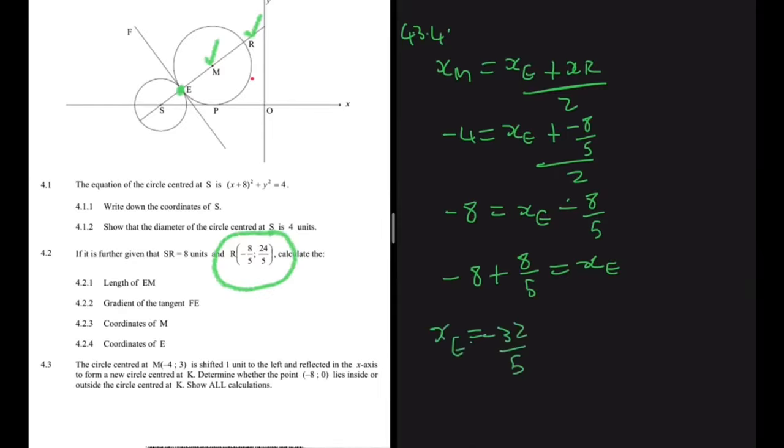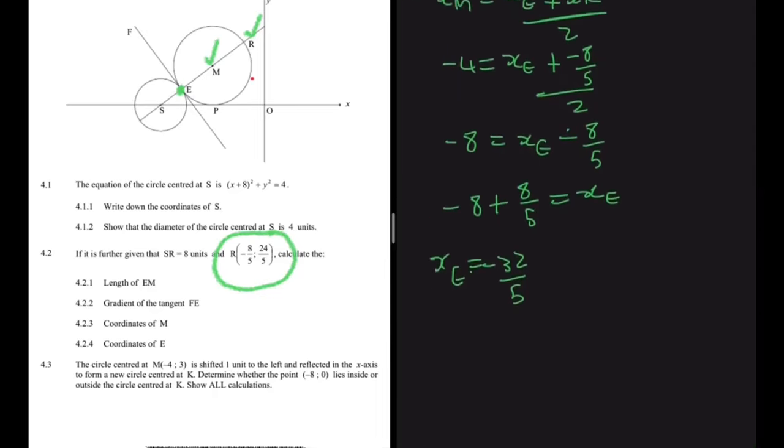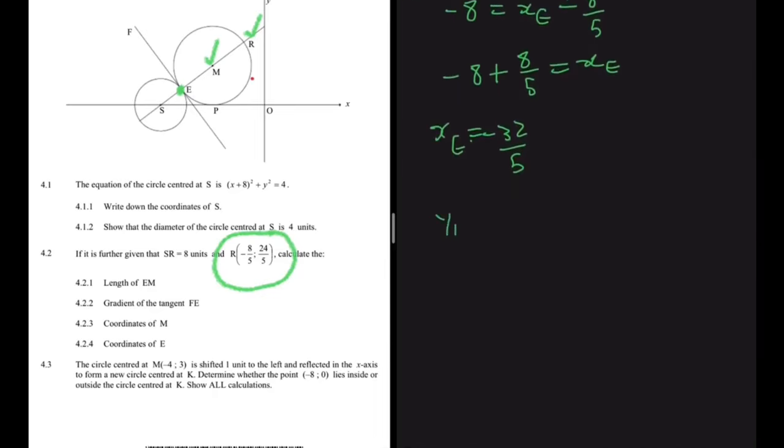Now we can move our attention to y of E. We are applying the same idea. We say that y of M will be equal to (y of E plus y of R) divided by 2. Y of M, that is 3, right? We have already established that. Then y of E plus y of R, which is 24 divided by 5, everything divided by 2.